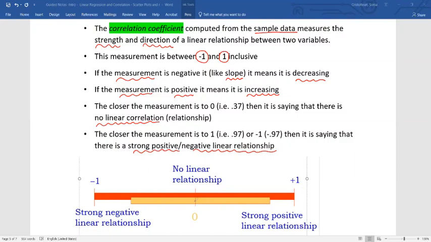If R is somewhere close to 0, then we have no linear relationship. If it's here on the yellow part, it's a weak linear relationship. The closer it gets to +1, the stronger the positive relationship. The more it gets to -1, the stronger the negative relationship between the two variables.